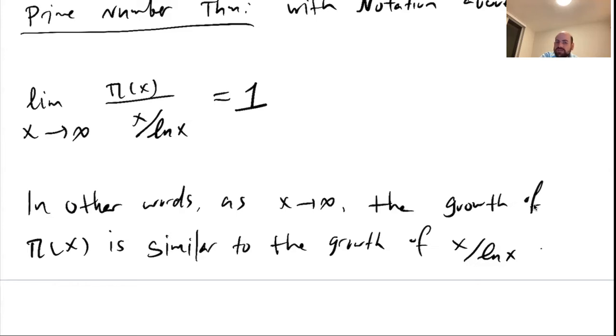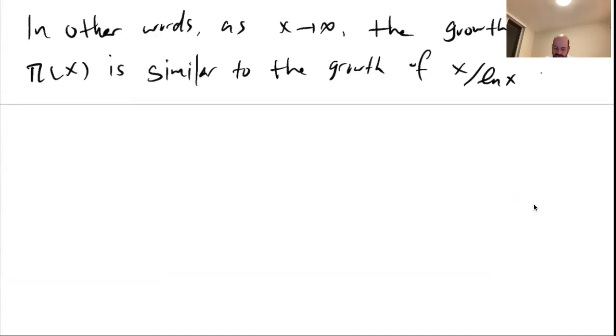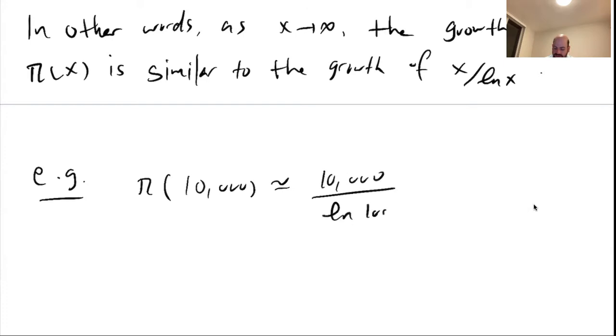No, the prime number theorem says x over ln x is an approximation for pi of x, the number of primes less than or equal to x. So for example, in the case of 10,000, 10,000 over ln 10,000 is how much? Pi of 10,000 is almost equal to 10,000 over ln 10,000.